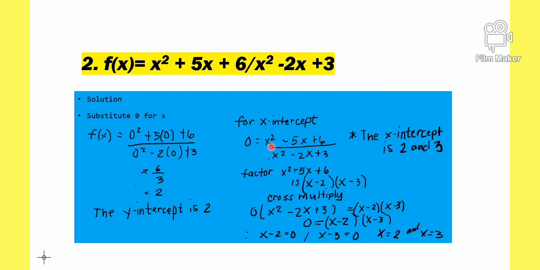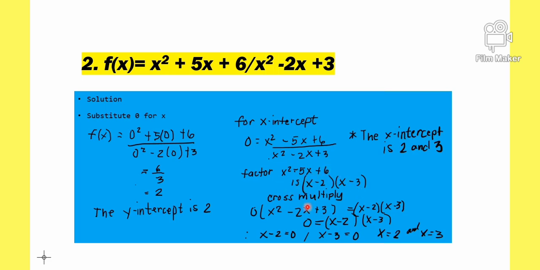Then for x squared plus 5x plus 6, the factors are x plus 2 multiplied by x plus 3. So x times x is x squared, 2 and 3 make 5x, and 2 times 3 is equal to positive 6.